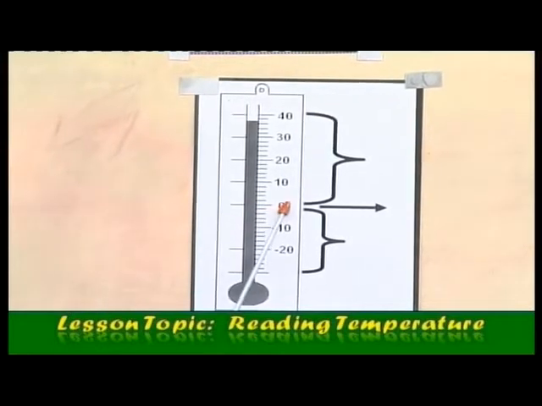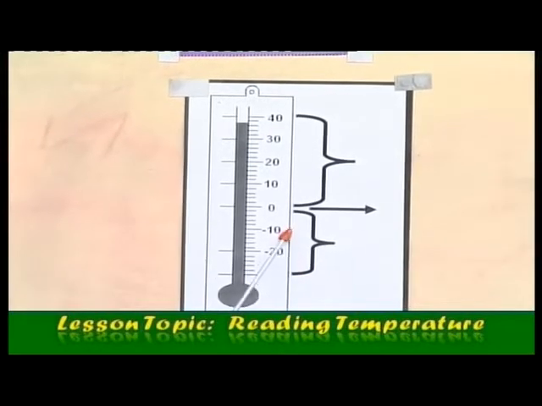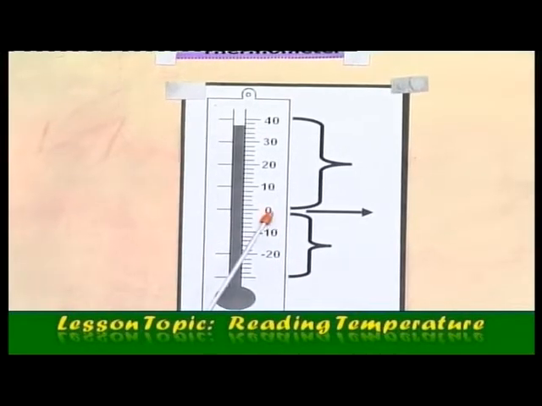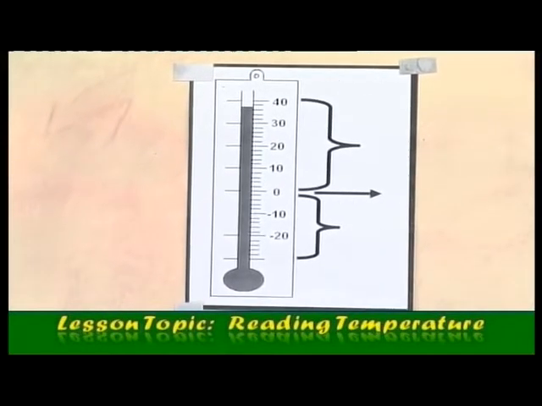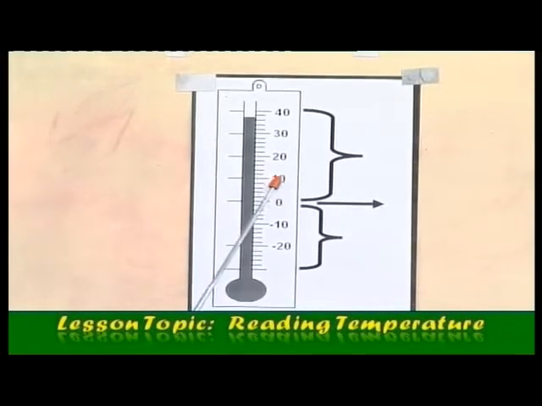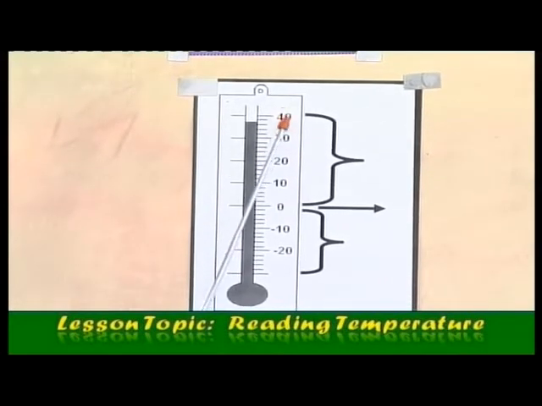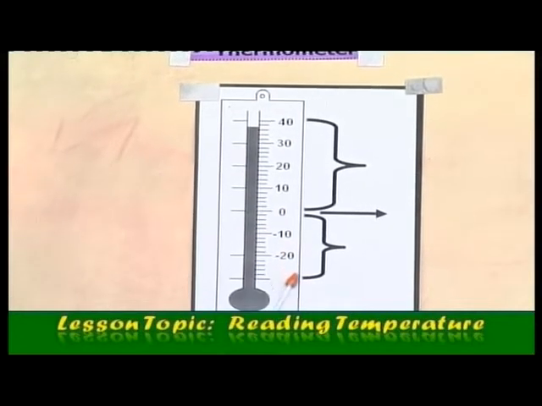And we have another set of numbers going down below, or written below where the 0 is. Look at it very carefully, Grade 6s and receiving students. We have 0, 10, 20, 30, 40. And then we have another set of numbers going down.